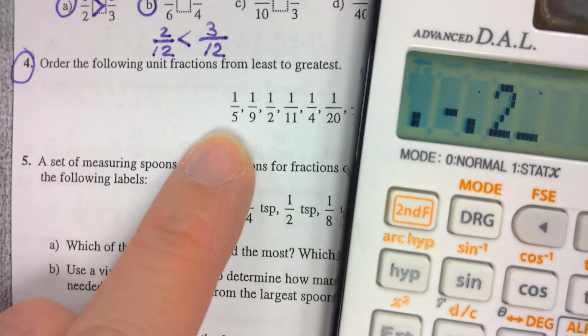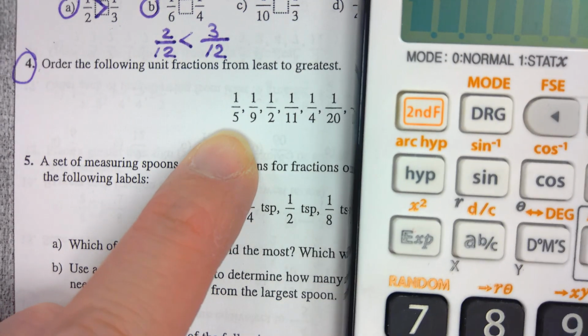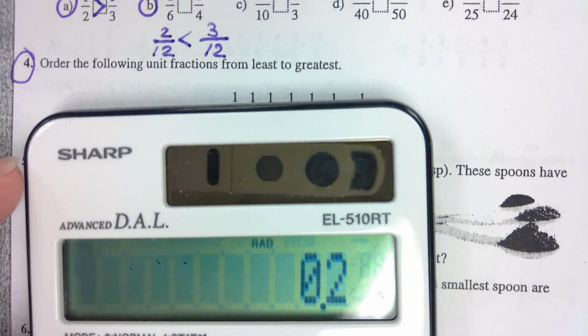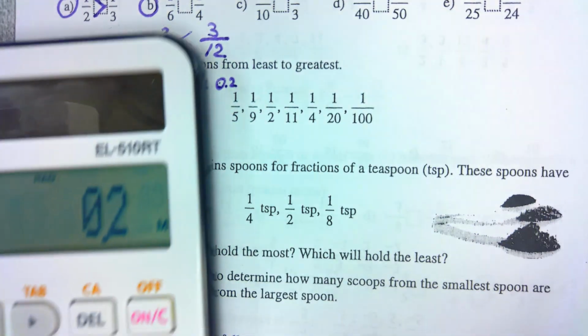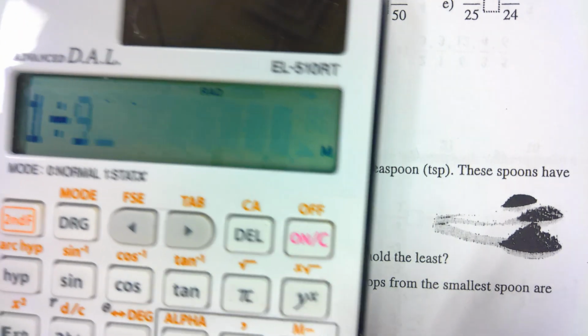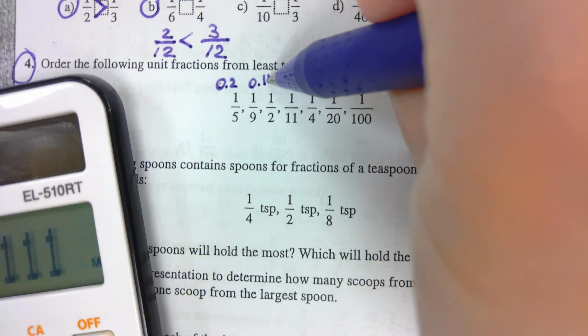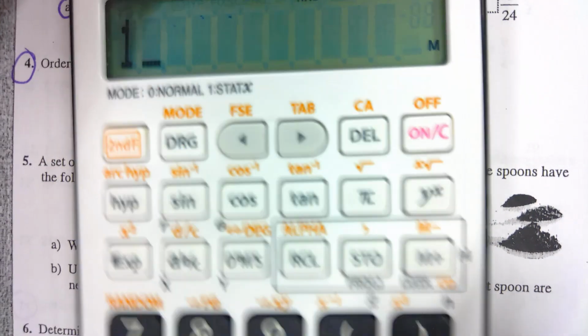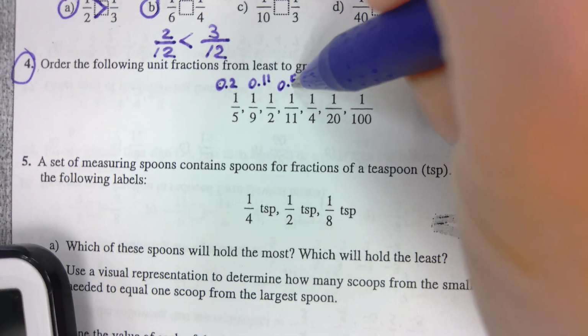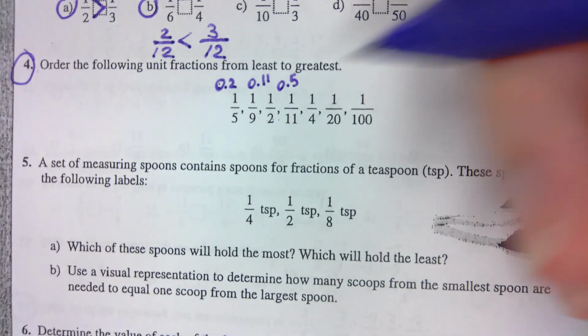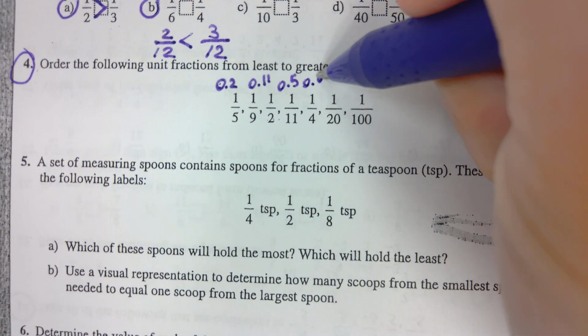Calculator, that's right. So 1/5 is the same as 1 divided by 5, which gives me 0.2. 1/9, 1 divided by 9, is 0.11. 1 over 2, so 1 divided by 2, is 0.5. 1 over 11, 1 divided by 11, is 0.09, and so forth.